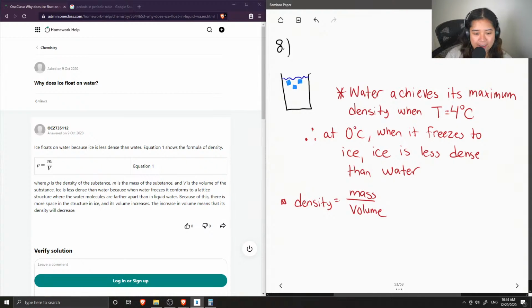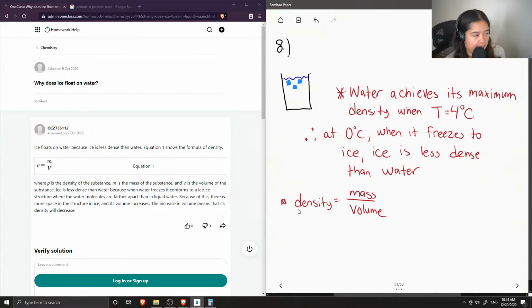So if we had the same volume of ice versus water, like if they both took up 5 milliliters of space, then the mass of the ice is lighter than the mass of the liquid. That's what is meant by less dense.